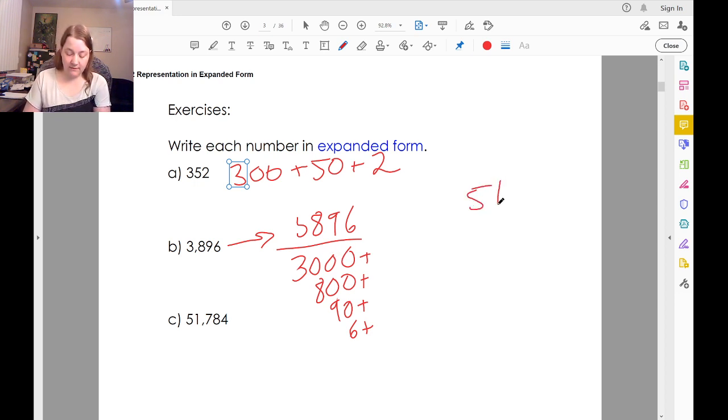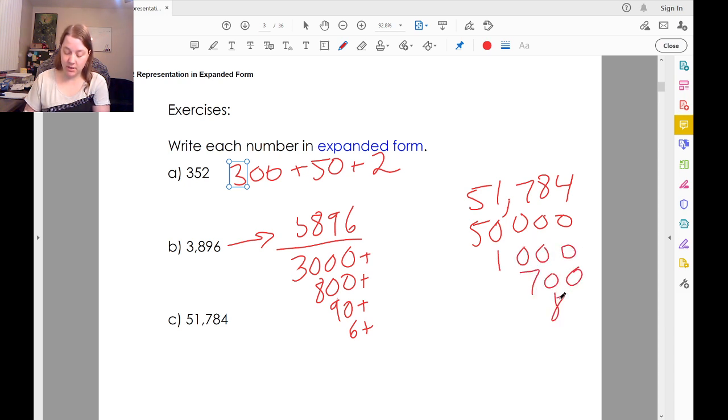So let's look at 784. I'm going to do the same thing. I'm going to write it going down. And you can see I'm just pulling each number down and then putting a 0 after each number. And then I'm going to go back and put in plus signs.